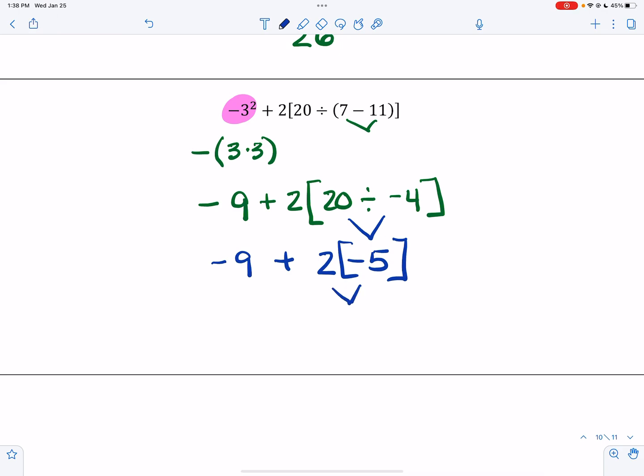So this becomes negative 10, which I'm going to add to negative 9, which gives me the solution of negative 19.